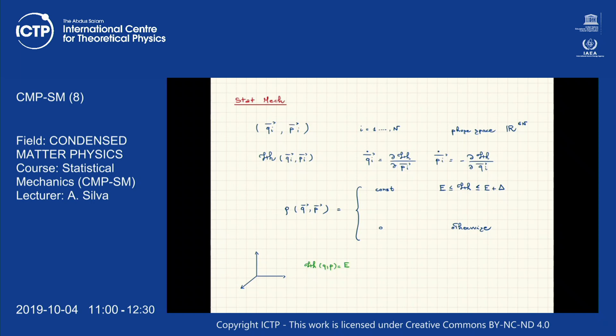If you have one dimension, so when you have one q and one p, one particle in one dimension, this will define a line, right? You can easily imagine, for example, take a harmonic oscillator, p squared plus omega squared q squared equal to E, defines what?